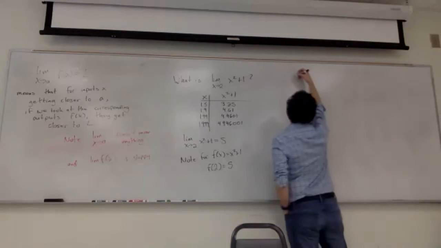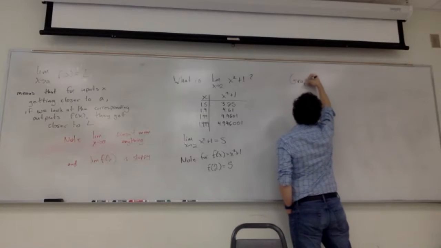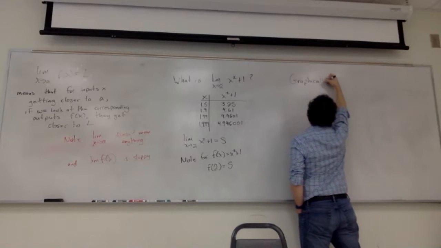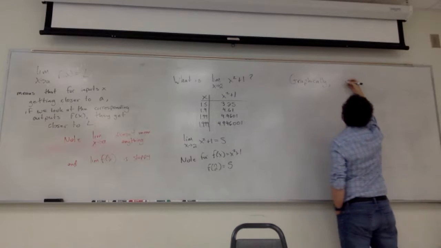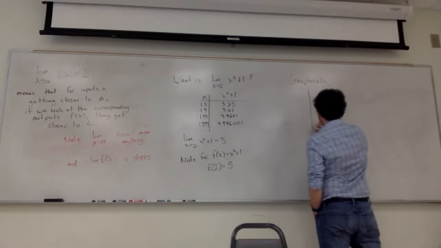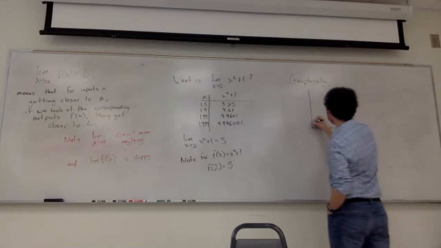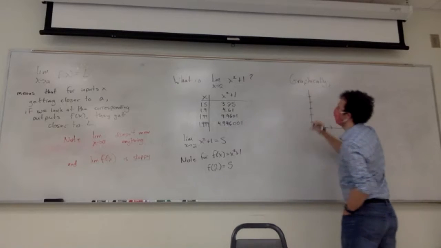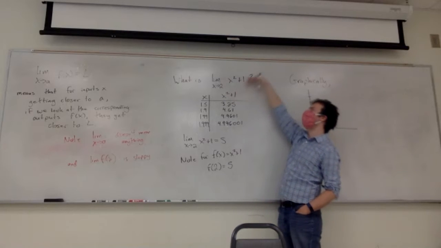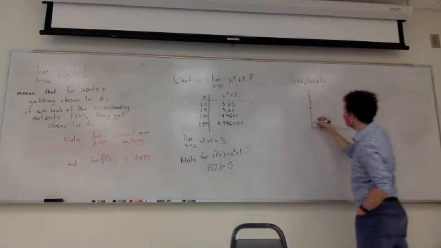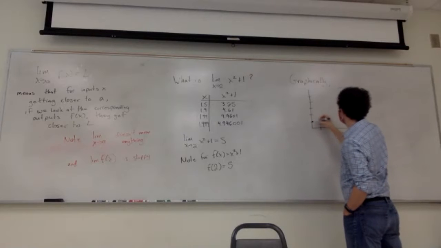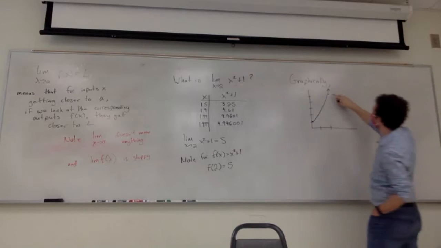So graphically, x squared plus 1 is a parabola that's been shifted up 1. That's what that plus 1 does. So it looks something like this.